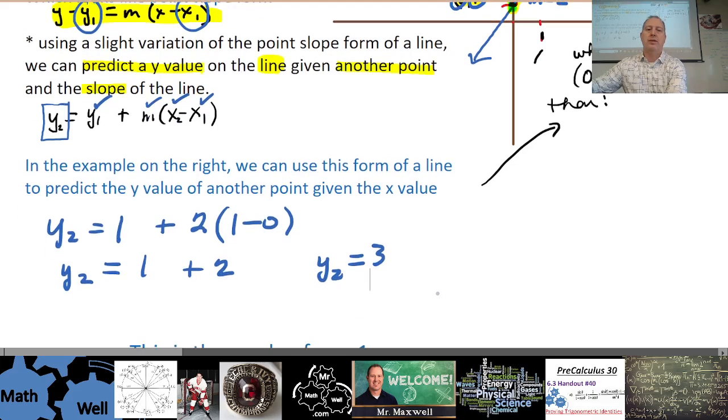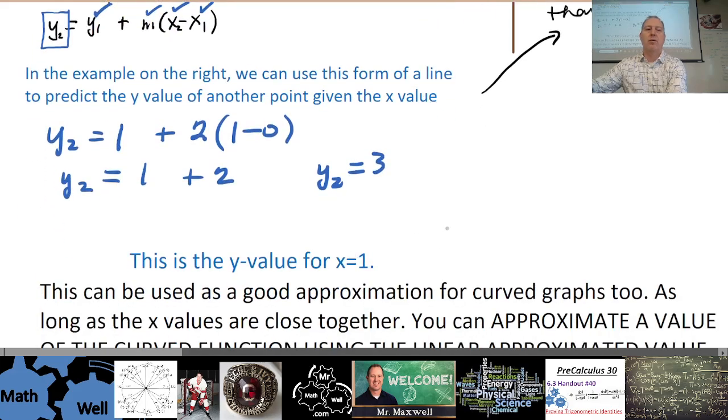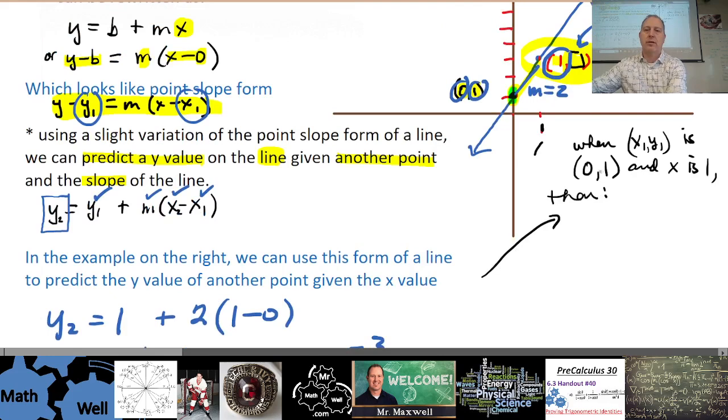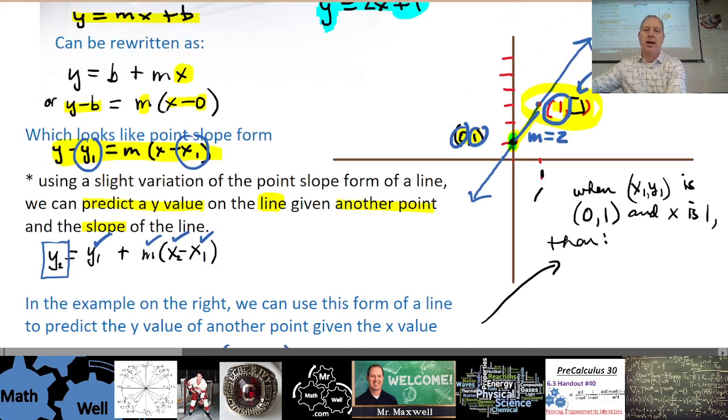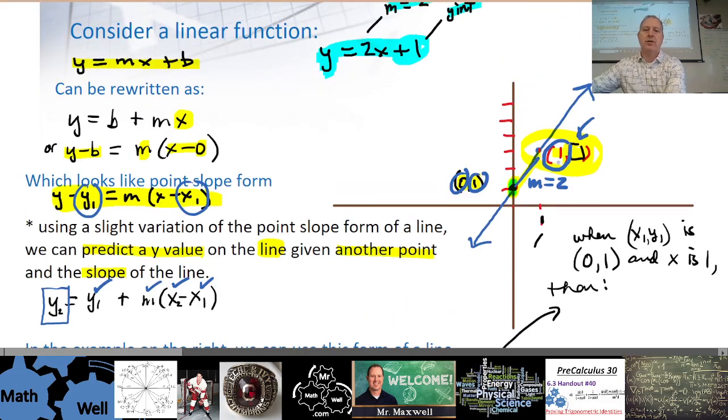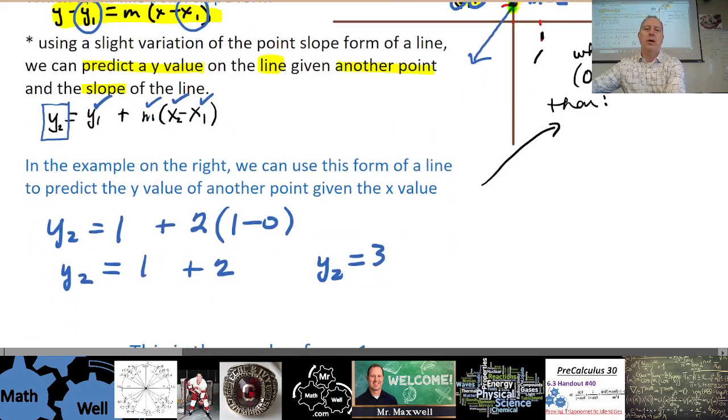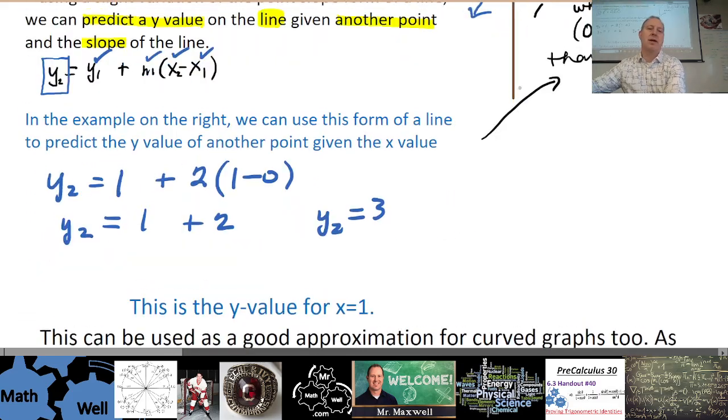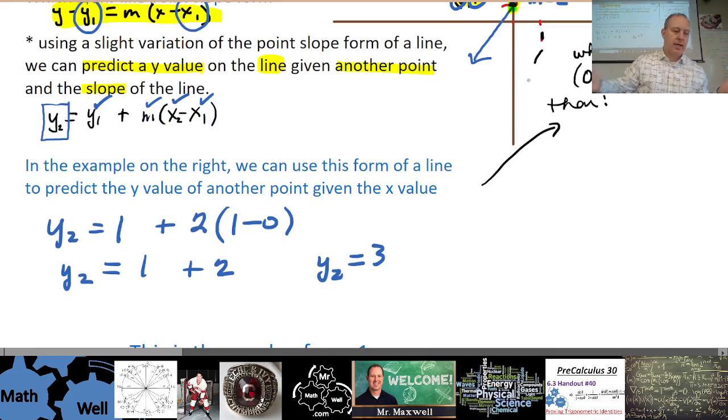So this is the y value when x equals 1. Okay, so if we go back up to this graph up here, then when x equals 1, y equals 3. So this is the 3 value there, right here. So what have we done? And again, this is going to seem like not calculus.